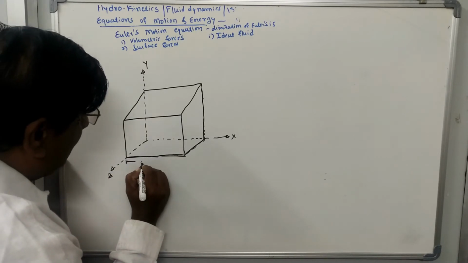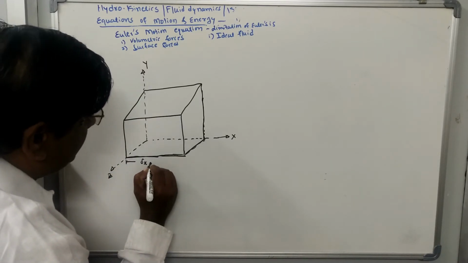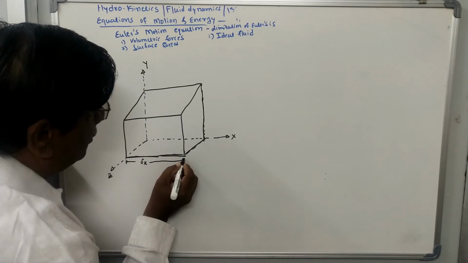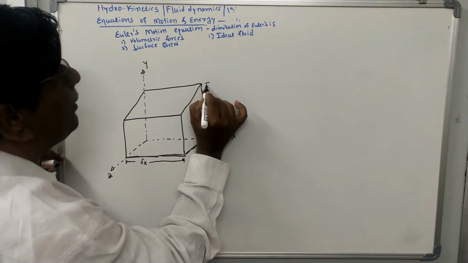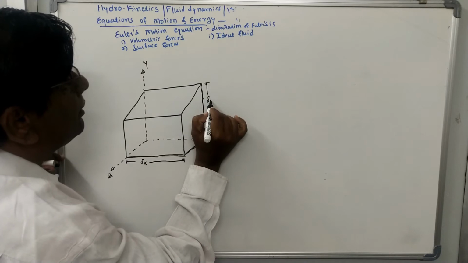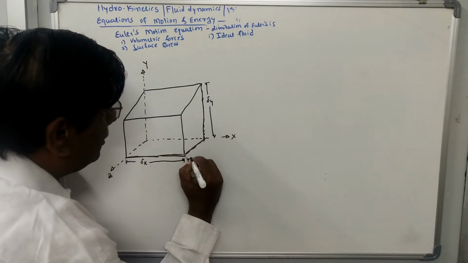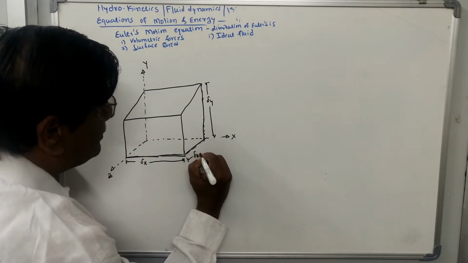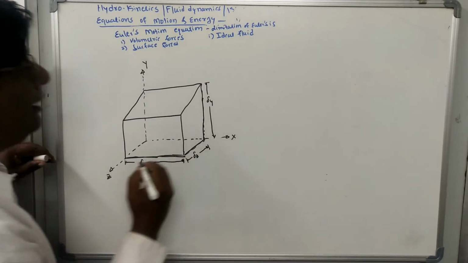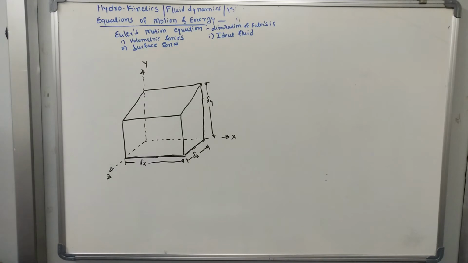The length of the parallelepiped in the x direction is delta x, in the y direction is delta y, and in the z direction is delta z. Delta x, delta y, delta z are nothing but length, width and breadth or thickness.